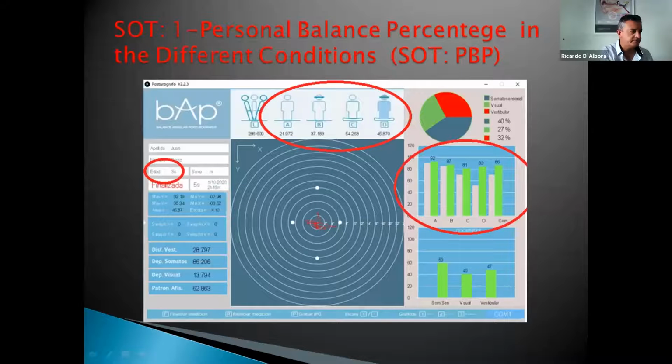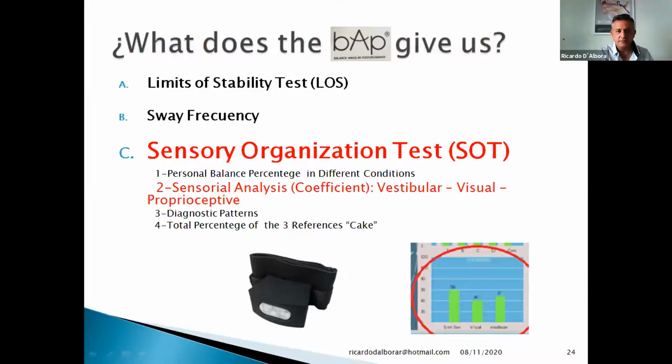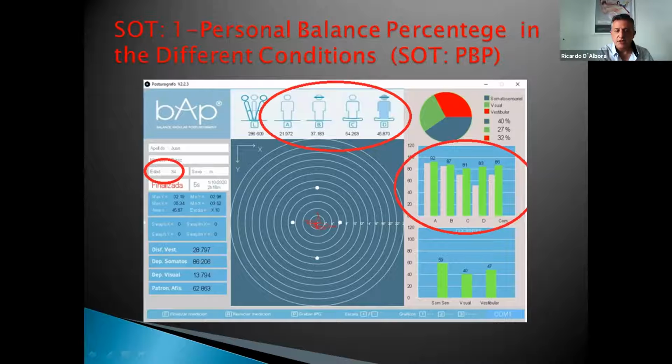Here you can see the personal balance in green, you can see the results, and in gray you can see the expected value for age.